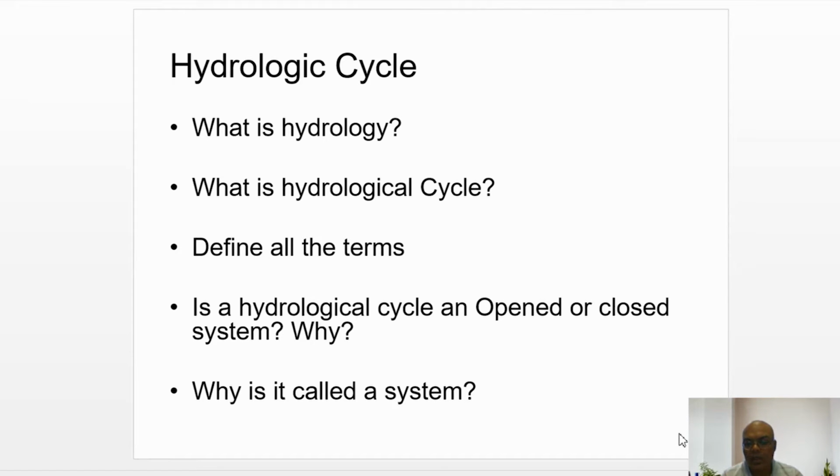In hydrology we don't discuss the chemical composition of water and so on, but we deal with the quantity of water flowing in rivers, how much water evaporates from the earth, what the precipitation on earth is, and what amount of precipitation falls on oceans.